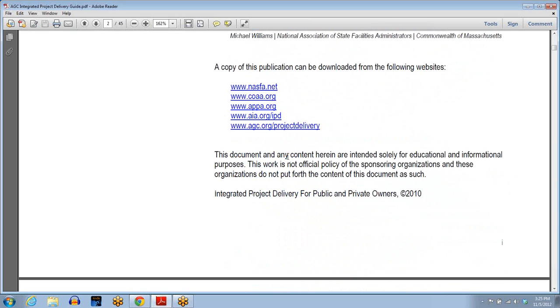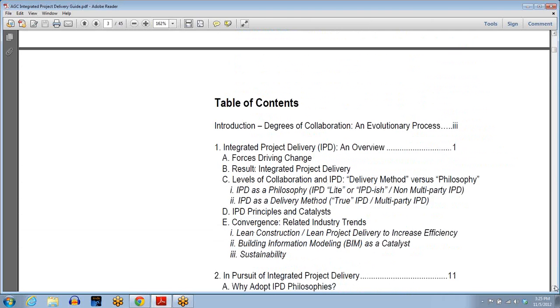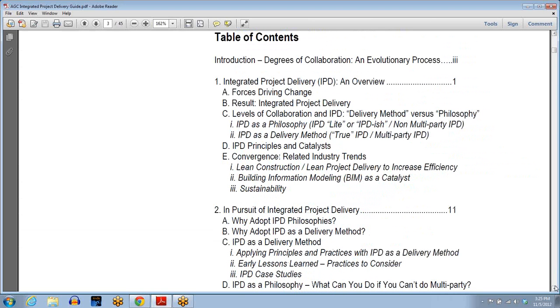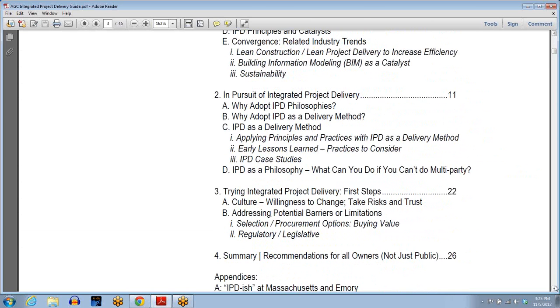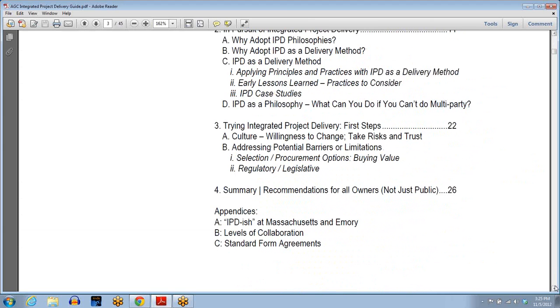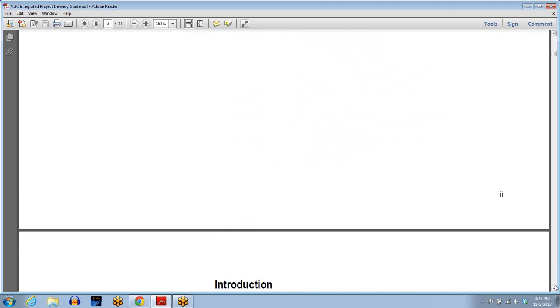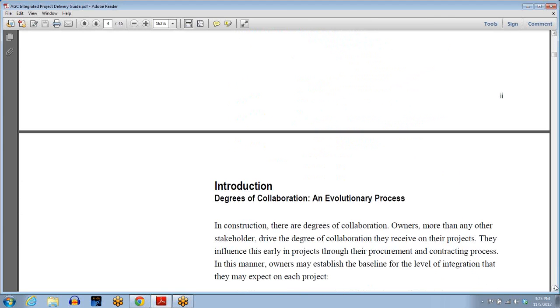You can get this same document from any of these 5 websites. So you can take them from me as I provided them to you on our MDT website, or you can click on any of these and download this document. But in it, they deal with an overview and then the pursuit of it, and then look at the first steps, and then they give you a more fully understandable explanation of this delivery system.